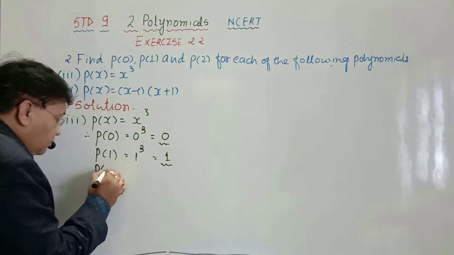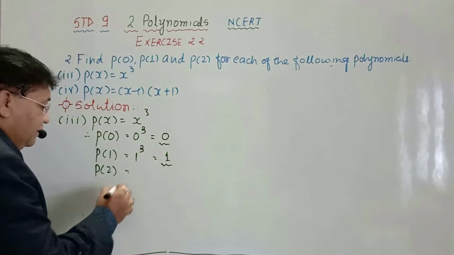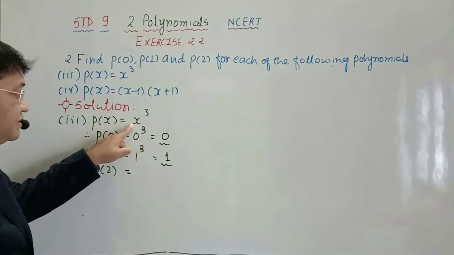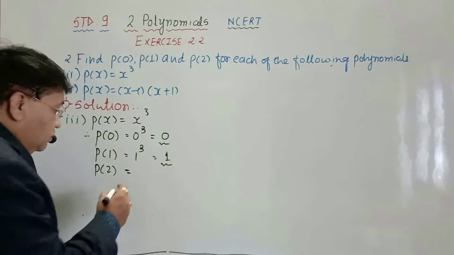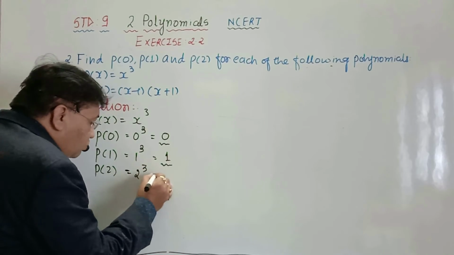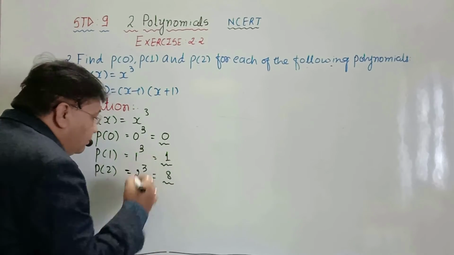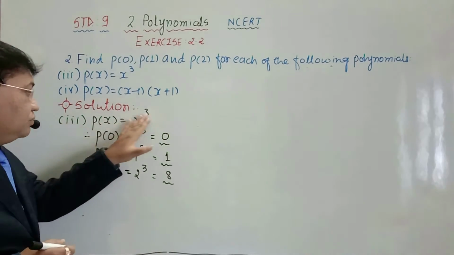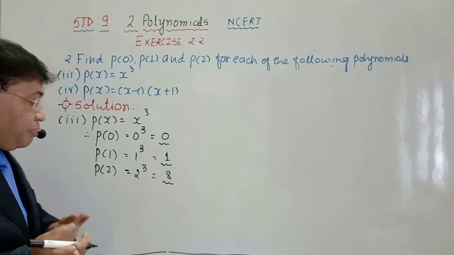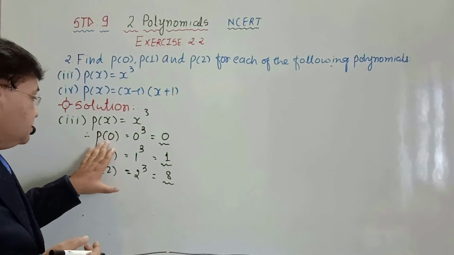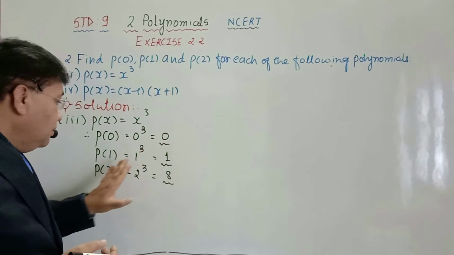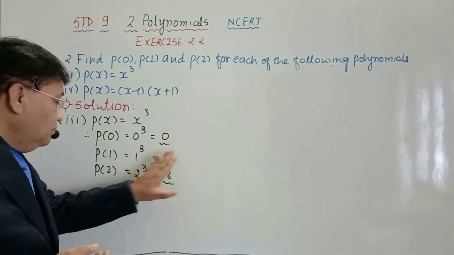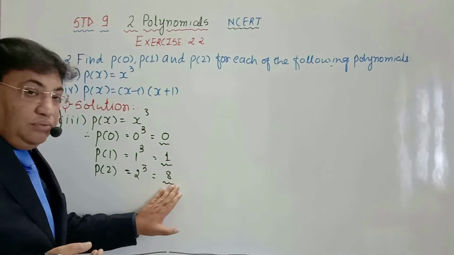And here P2. In place of x we write 2. So here we get 2 cube is equal to 8. So in question number 3, P(x) is equal to x cube is given, and here we get P0 is equal to 0, P1 is equal to 1 and P2 is equal to 8.